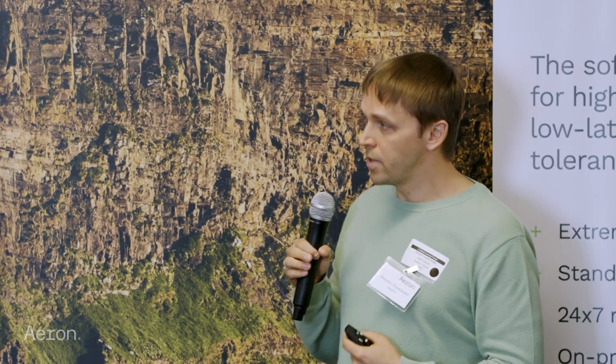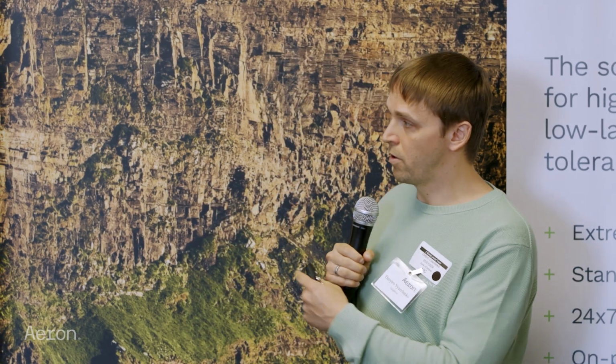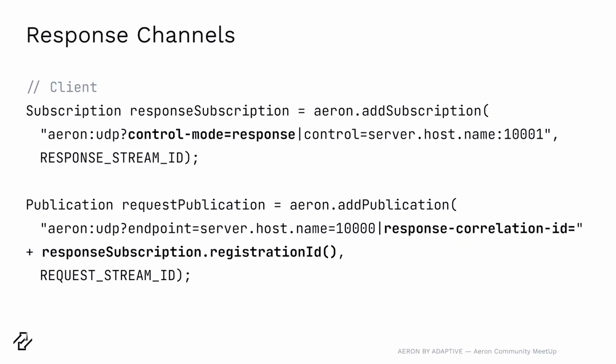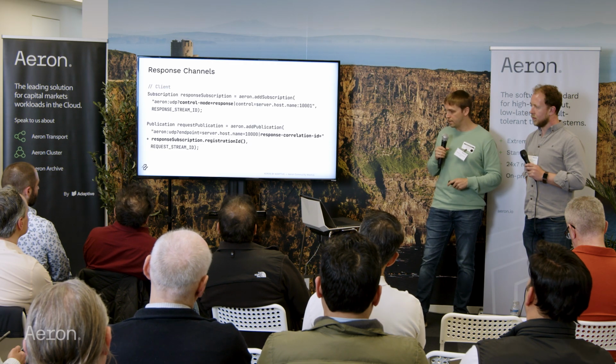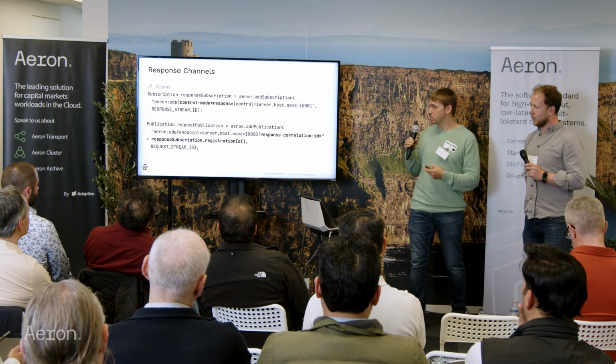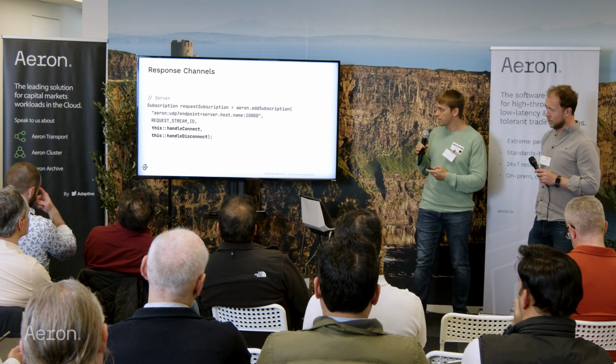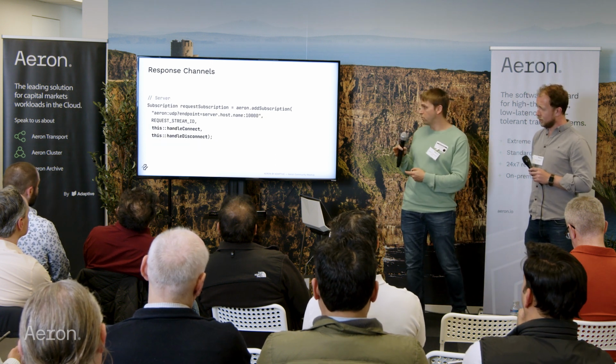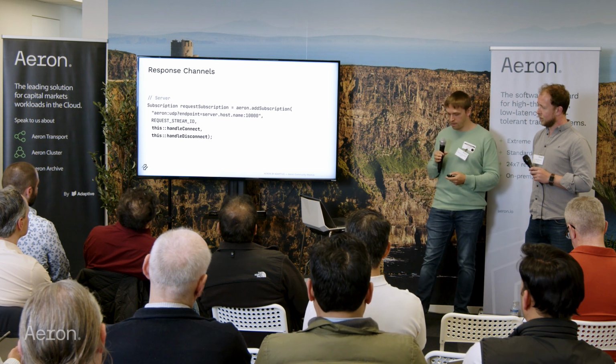However, when you also create a publication to the other side, you have to specify a new parameter, response correlation ID, which is the subscription that you just created. This is needed so the media driver can couple the two and can follow the setup traffic and connection messages that go through. On the remote side, you have a normal subscription that just listens on the port. That's where this publication goes to, right? So port 10,000 is where it goes.